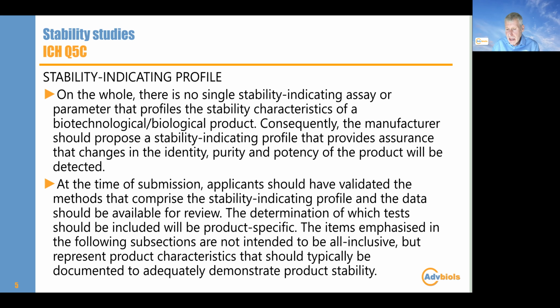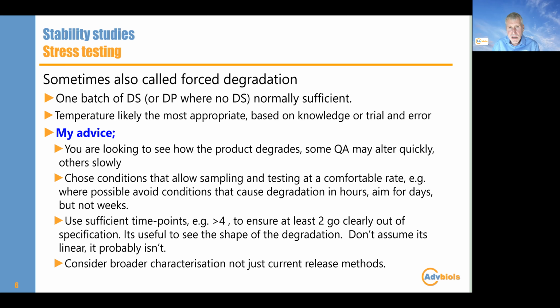So I'm not going to go through this slide, but there is a bit in there about stability indicating profile, but it doesn't really talk about the need for the stress testing in quite the same way as Q1A does. So rather than pick out various bits and bobs from the guidelines, here's my view about what I think you should do, what is useful to include in your dossier, and what is useful for you as a developer to understand about your product.